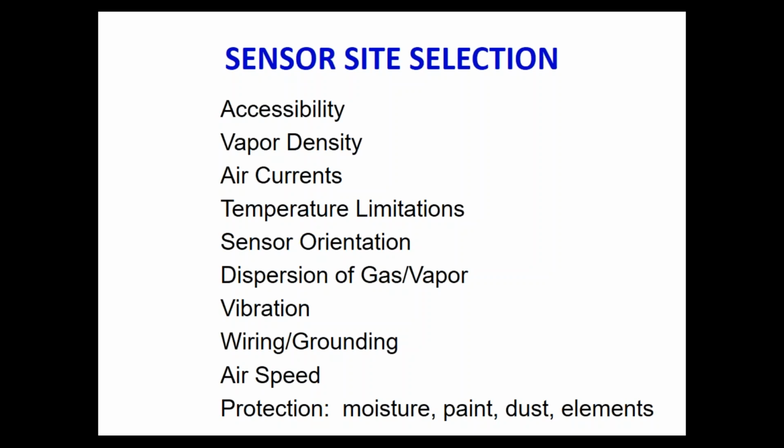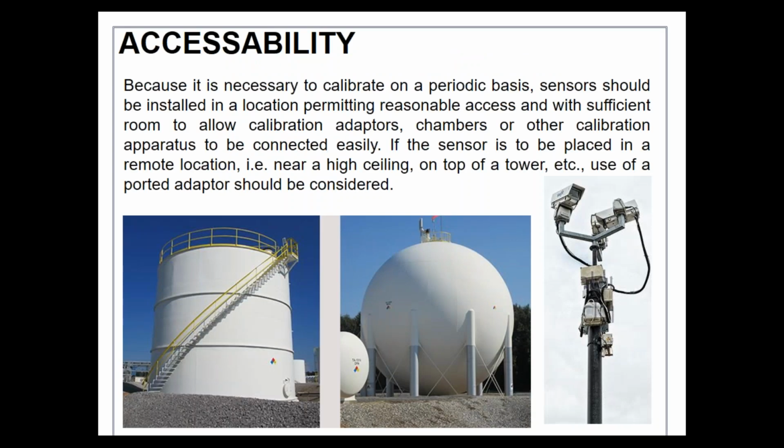So the first thing we're going to talk about is accessibility. This is one of, well, they're all important, but this is my pet peeve, because in early years when I went out to a lot of locations, what I found most frustrating is when customers installed sensors and systems in places that they didn't do it correctly.